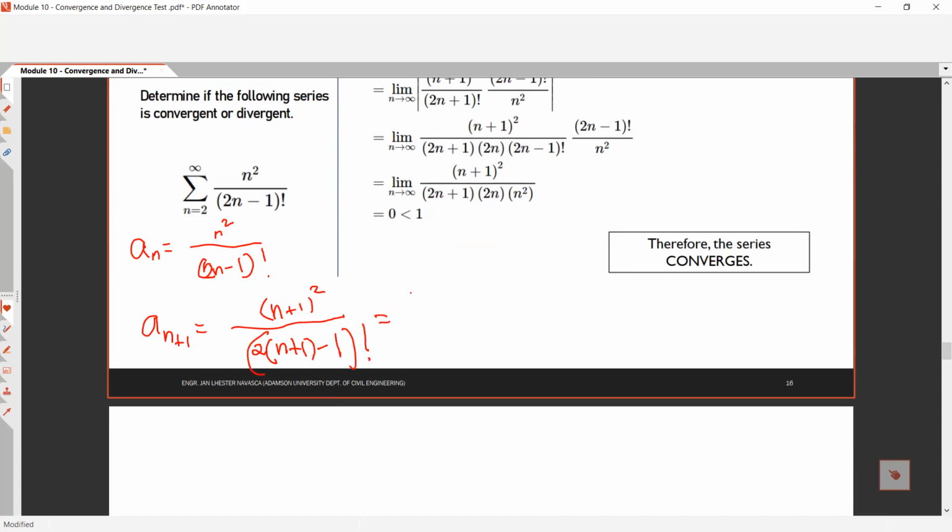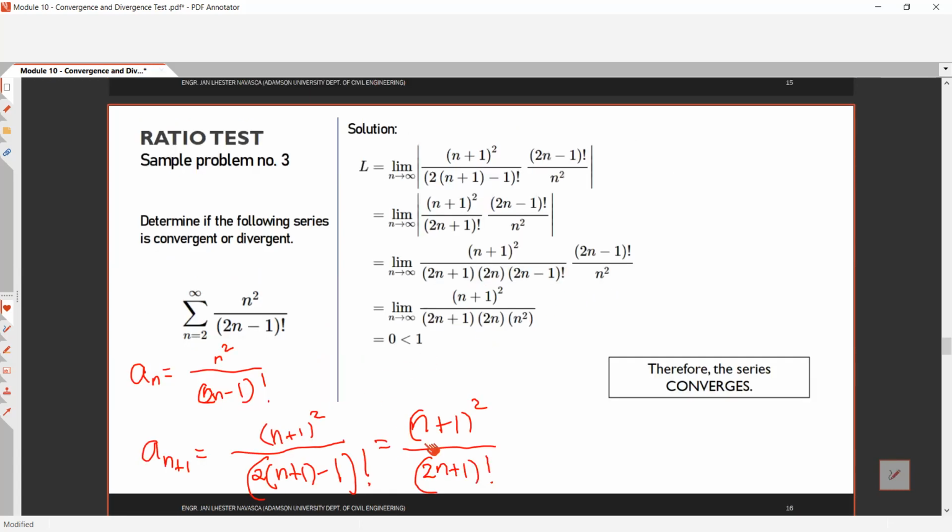That will be n plus 1 squared divided by 2n plus 2 minus 1, that is 2n plus 1 factorial. So therefore, class, this will be our a sub n plus 1 and this will be our a sub n.